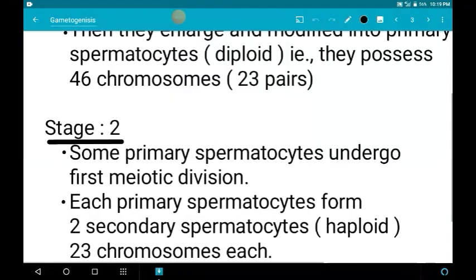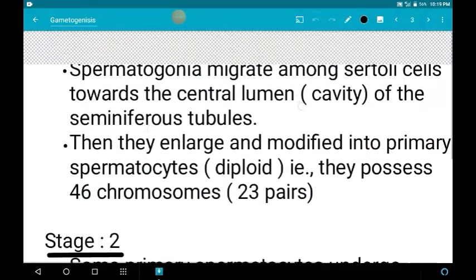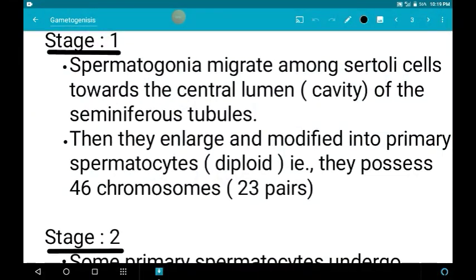The process of spermatogenesis is divided into three stages. In the first stage, the spermatogonia migrate among the Sertoli cells towards the central lumen of the seminiferous tubule. Why do they migrate among the Sertoli cells? Already we learned that Sertoli cells are the nurse cells.